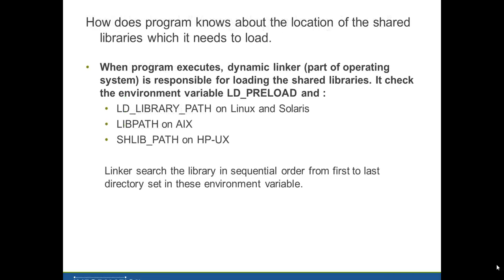Those variables are LD_PRELOAD, which is common on all the platforms. However, another variable called LD_LIBRARY_PATH is on the Linux and the Solaris platform. LIBPATH is referenced on AIX platform. SHLIB_PATH is referenced on HP-UX. The thing is, LD_PRELOAD takes precedence over other variables, and the dynamic linker refers to LD_PRELOAD first before it tries to load a particular library.